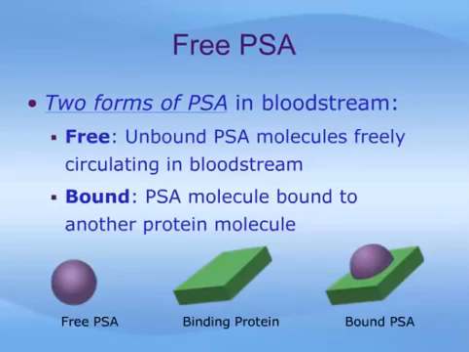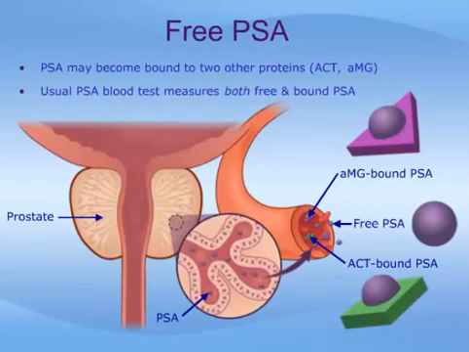In recent years, improvement in laboratory testing has allowed for the measurement of 2 forms of PSA in the bloodstream. So-called free PSA is that PSA which is floating freely in the bloodstream, while most PSA is actually bound onto another protein molecule. There are 2 such protein molecules that PSA can bind to, called anti-chymotrypsin, or ACT, and alpha-macroglobulin, or AMG.